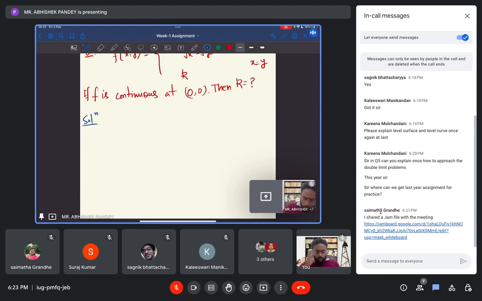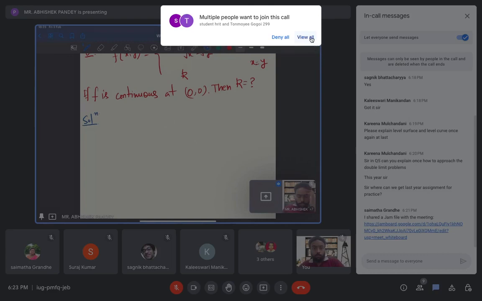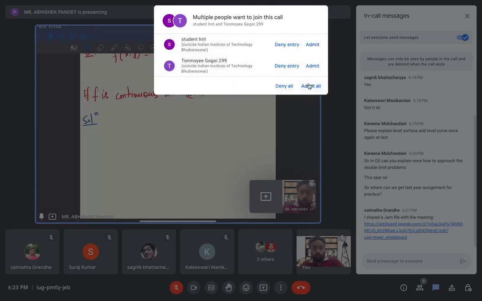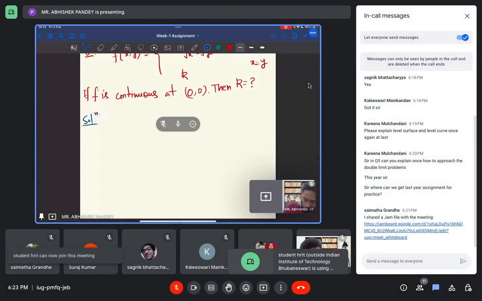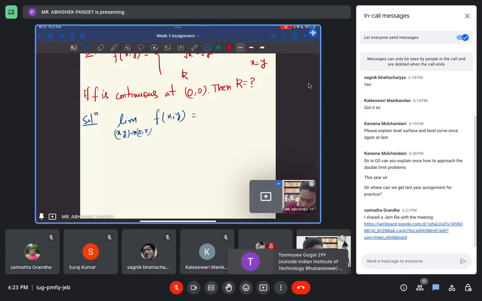Since it is given that f is continuous at (0, 0), it means that the limit as (x, y) tends to (0, 0) of f(x, y) is equal to f(0, 0), and f(0, 0) is nothing but k.